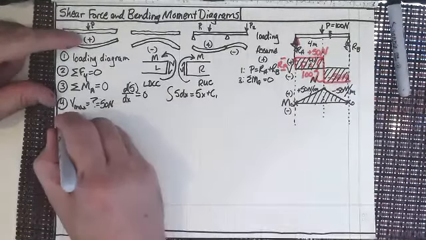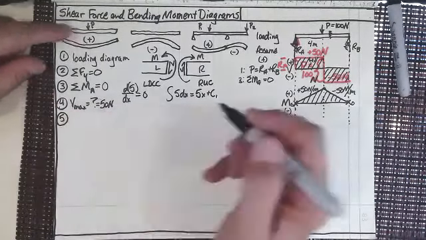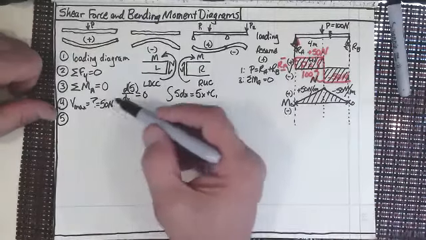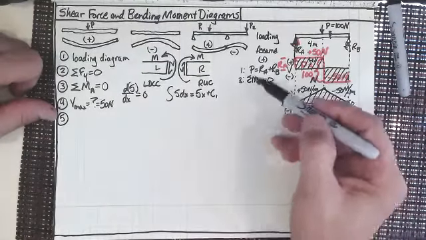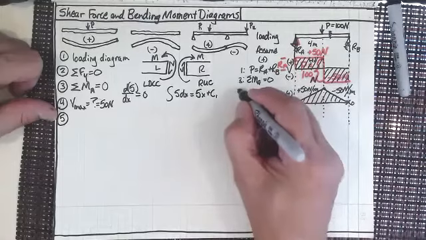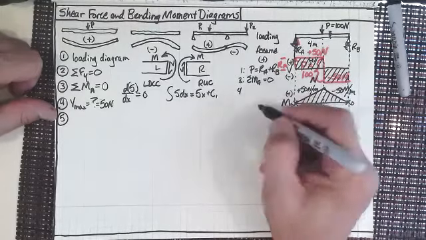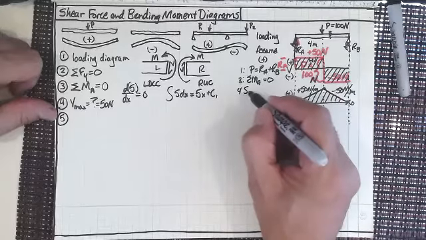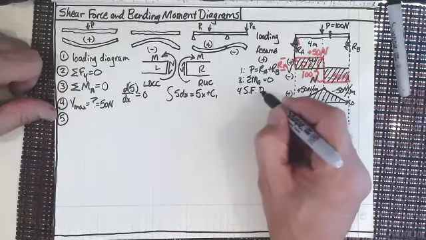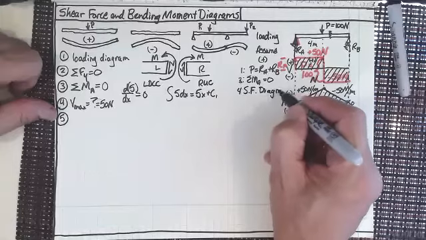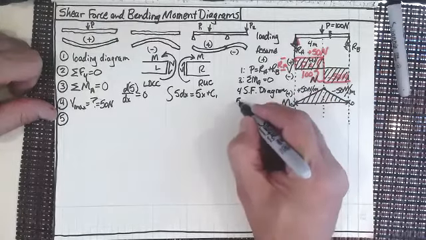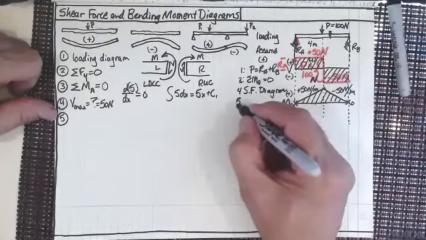M max, right? Sum the moments equal to 0. So we get that. And then let me just write down the things here. 4 would be shear force diagram. And then 5, and we've learned how to do the simple shear force diagram.